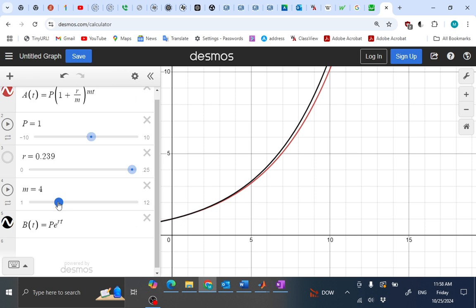I do bi-monthly, 6 times a year. I can come even closer. I do monthly. Monthly meant m is equal to 12. By the time I go to m equal to 12, I'm very close to this, but this one always beats all other choices. Compounding continuously is always more than everything else.